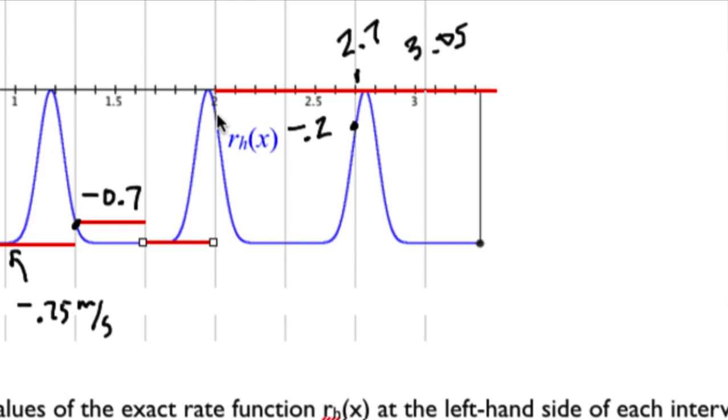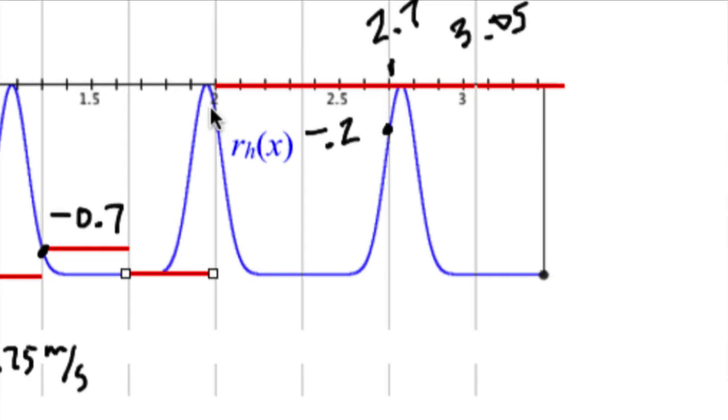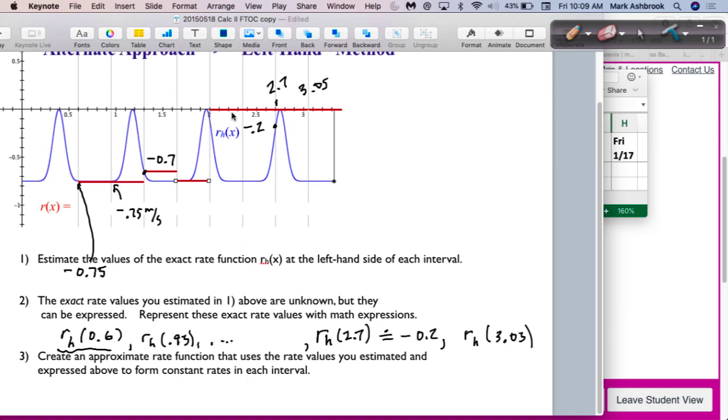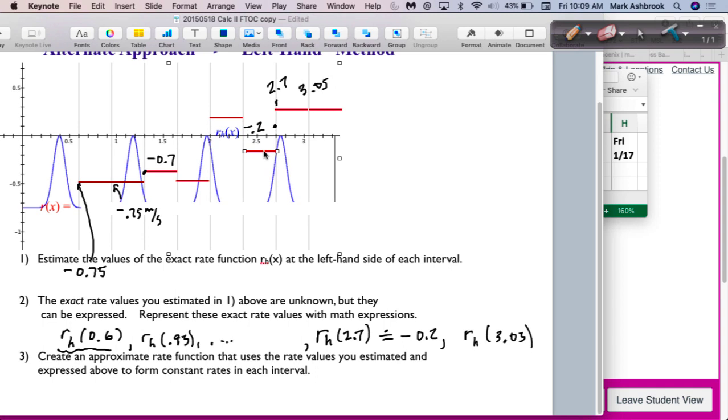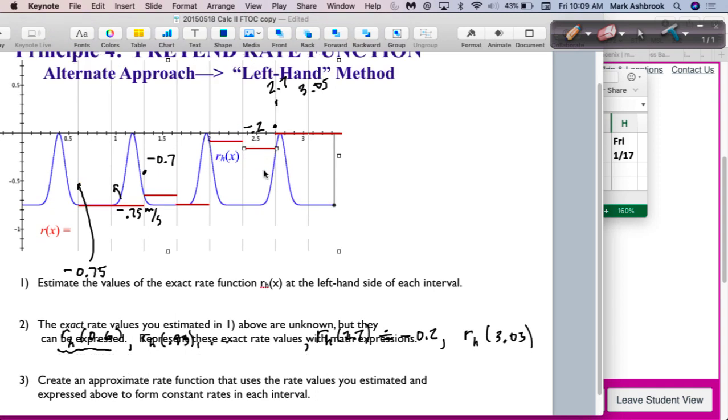Is that what your estimate was? Some of you? Yeah, that negative 0.1 is a good estimate. So I'm going to make a constant rate at negative 0.1 for that whole interval. Next interval, constant rate at? Oh no. What happened? Okay.